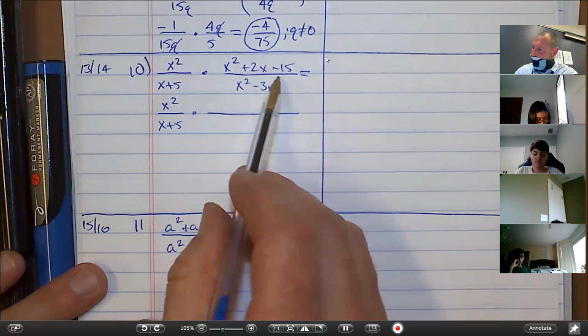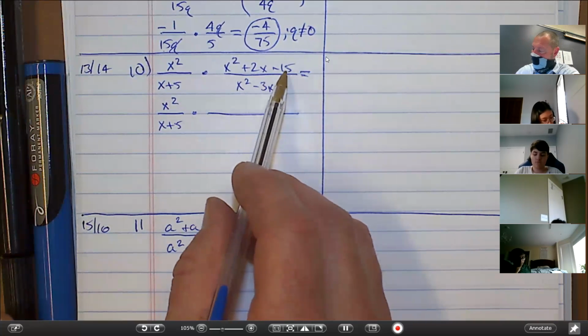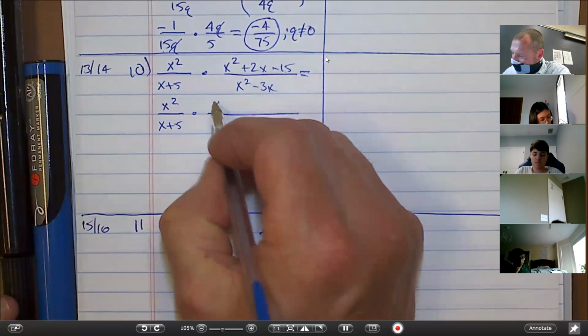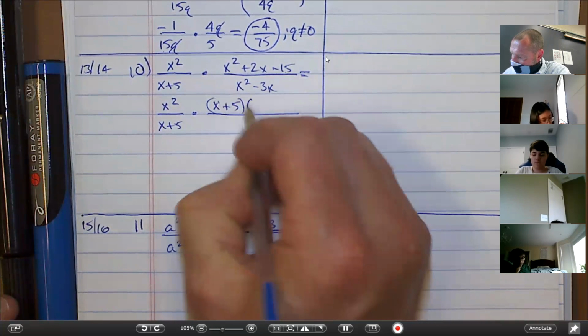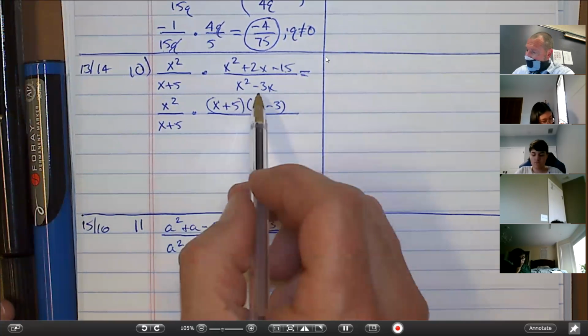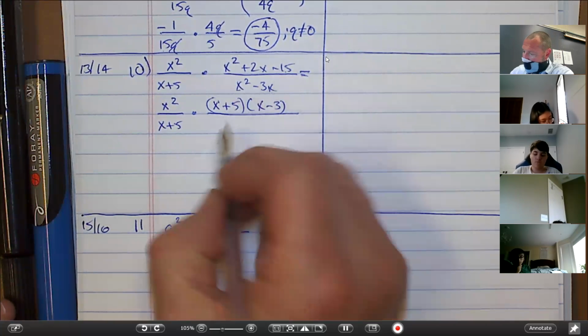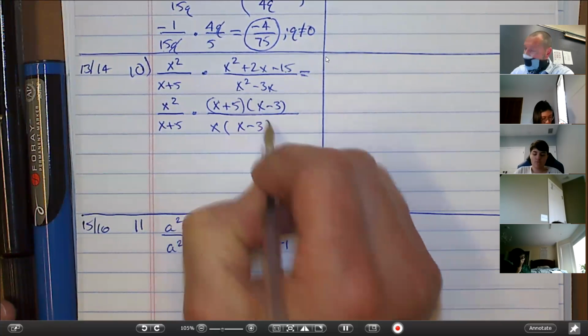The second one I can factor. I'm looking for two numbers that multiply together and give me negative 15, add together and give me 2. I believe that's going to be x plus 5 and x minus 3. And then in the denominator, I have an x in both of these, so I'll take the x out, and I have x minus 3.